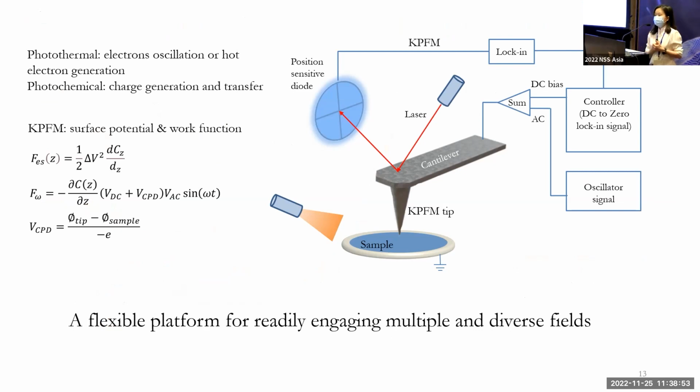Okay, as discussed, both the photothermal and photochemical interactions are related to the charge generation or transfer. As we mentioned before, KPFM can be used to study the surface potential and surface charge. So it can be used to study this interaction between the light and the photocatalyst.